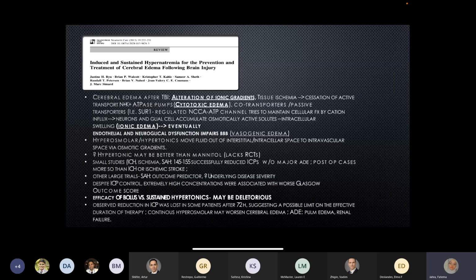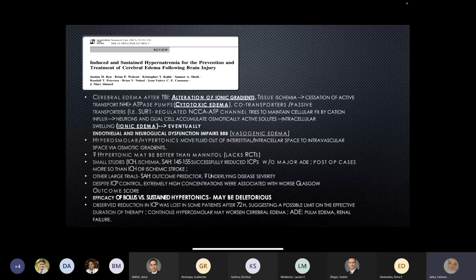So I came across this idea of induced hypernatremia and its efficacy in a bolus format versus a sustained dose, where you're giving hypertonics for a long time, which we tend to do a lot. This is what this paper talks about.